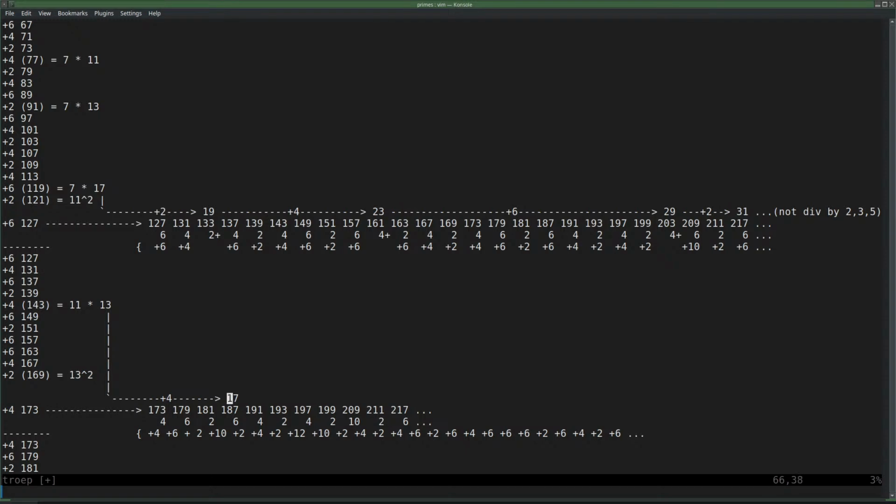So the next number after 17 that is not divisible by 2, 3, 5, or 7. It's probably a prime number. It's going to be 19. 19 times 11 is 209. It's going to be here. 19 times 11.